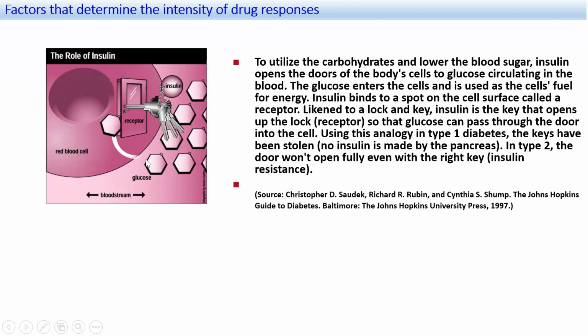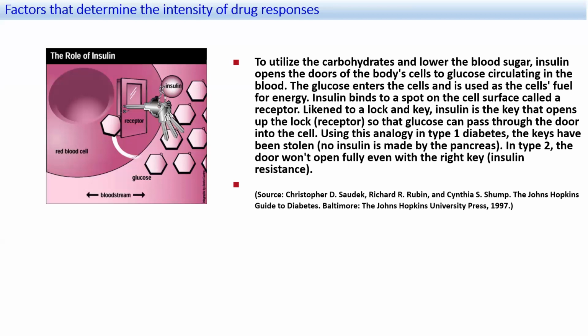But in both scenarios, either the door is completely locked or slightly open, there will be a significant amount of glucose molecules in the blood, and that's called hyperglycemia. That's because of the insulin depletion or absence of insulin in type 1 diabetes. So in type 1 diabetes, there is no insulin, but in type 2, there is a small or insufficient amount of insulin.